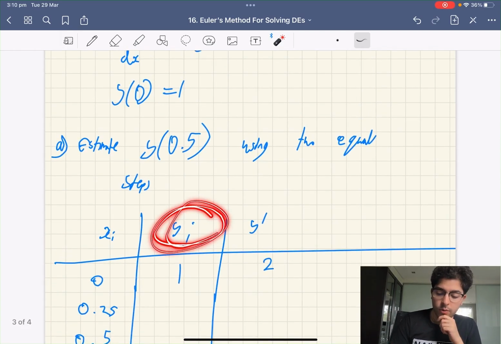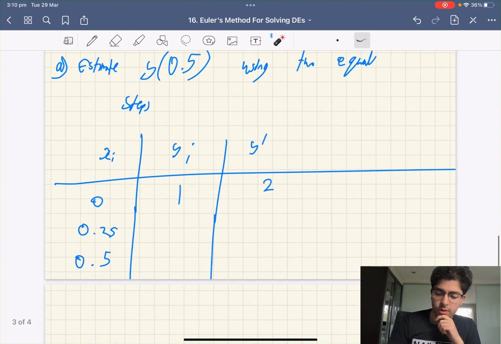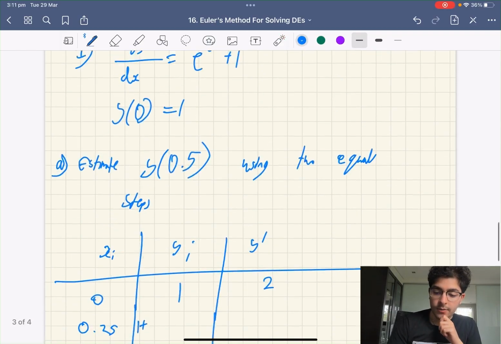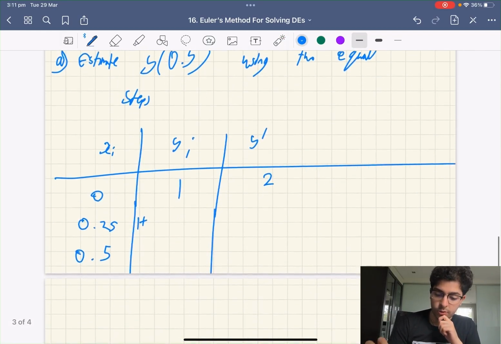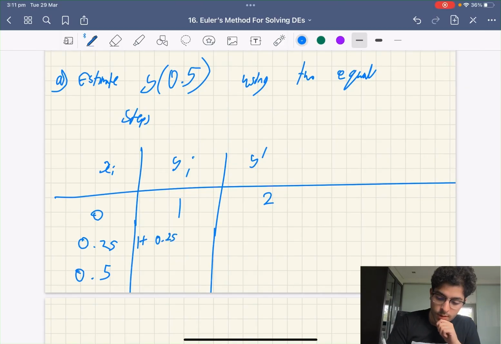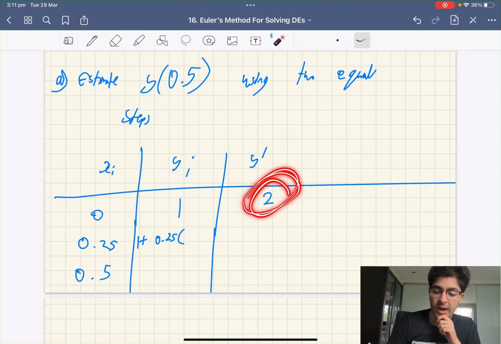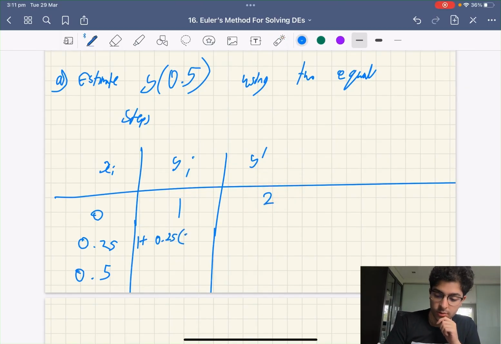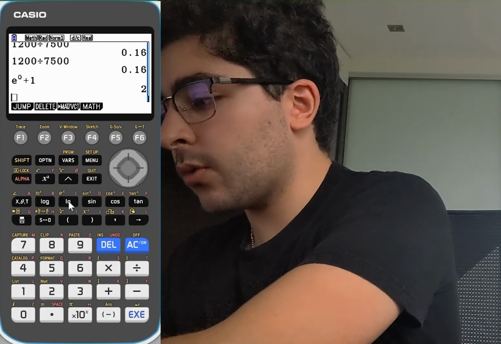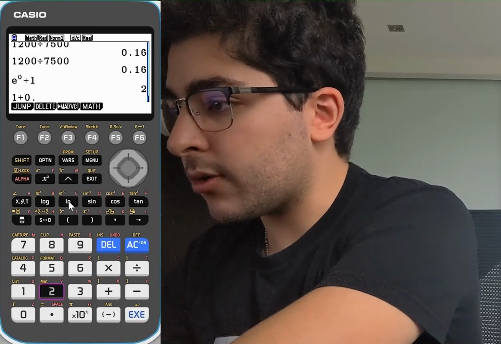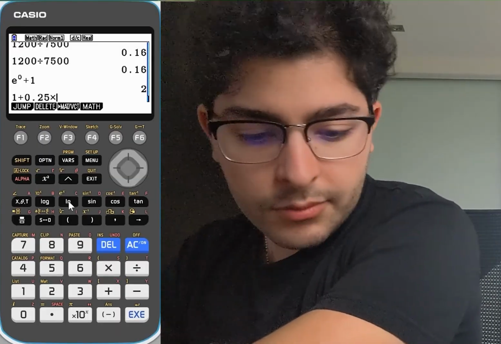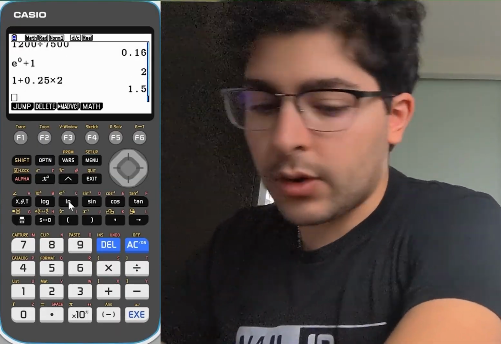Now, the y-coordinate is going to be the previous y-coordinate, which is 1, plus the step size h, so 0.25, times the differential equation of the previous one, which is 2. Putting that in our calculator, 1 plus 0.25 times 2, we get 1.5.